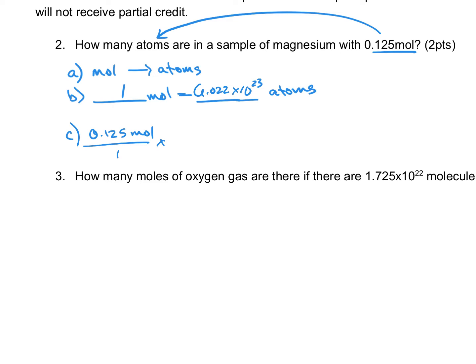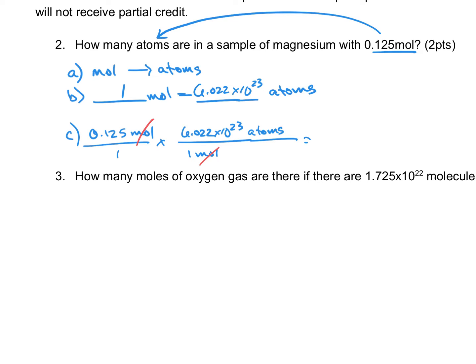So if you have 0.125 moles, you have to set it up in a way where moles is in the numerator of the first number, so that moles should be in this denominator of the second number. That means that Avogadro's number, that giant number of atoms, goes in the numerator of your conversion factor. And here you can demonstrate that the units of moles will cancel.